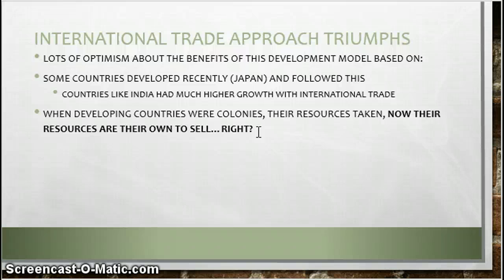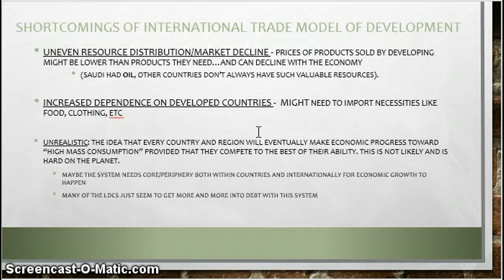So it's not as cut and dried as now suddenly those developing countries can get rich from their own resources. So that's a problem. Shortcomings of the international trade model, well, other than what I just mentioned about former colonies not necessarily having control of their resources, or developed countries having control of their resources.